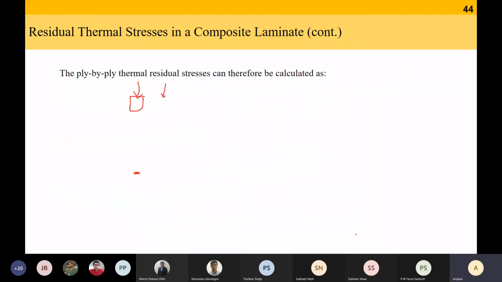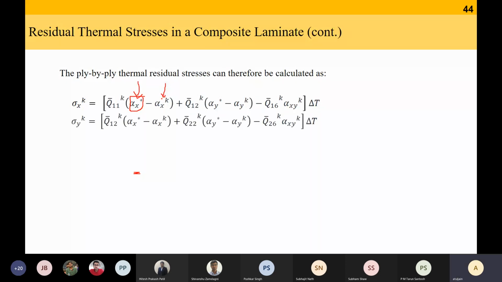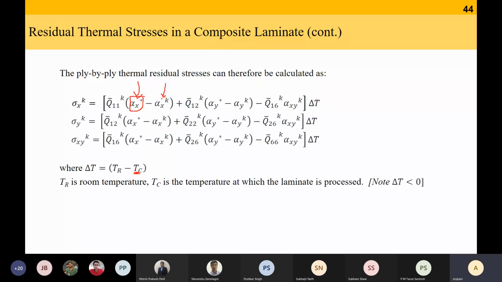Using the thermal strains and with the knowledge that I have of the effective coefficient of thermal expansion and the coefficient of thermal expansion for a layer, this difference is actually causing the residual stresses in every layer. So using this difference, multiplying it with the Q matrix and the delta T, we can calculate the residual stresses.